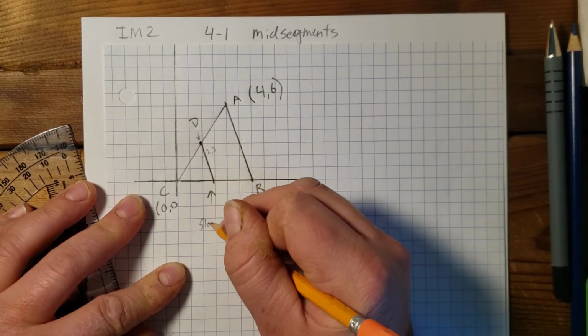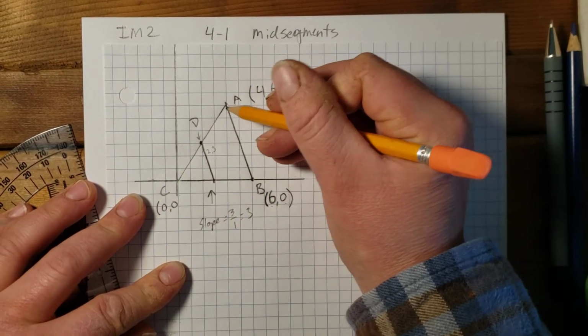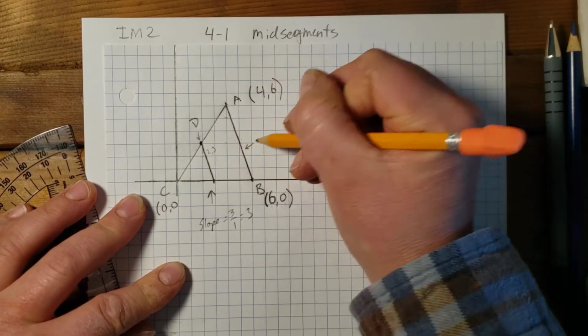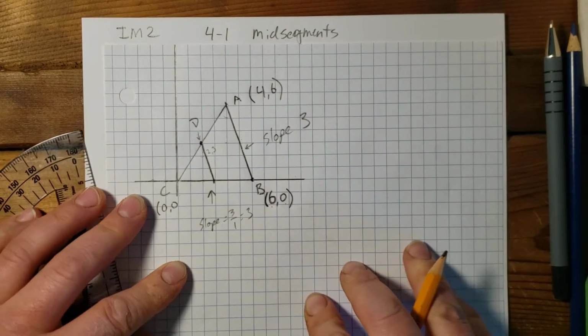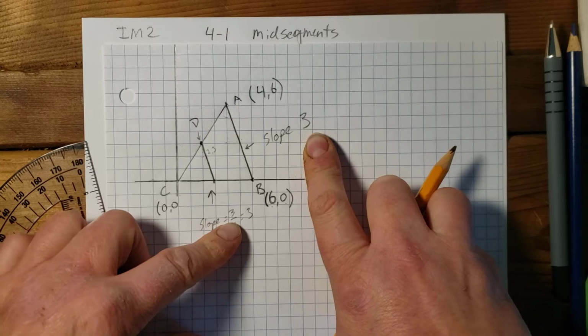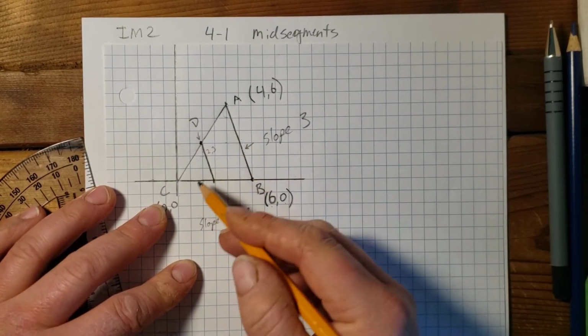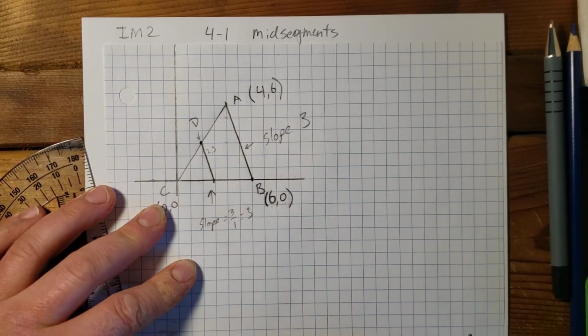So the slope is equal to 3 over 1, or 3. The slope for this one is also 3 over 1, which is 3. So if we have the same slope, we remember from earlier linear equations that they must be parallel. So these two lines are parallel. This is the mid-segment for these two right here.